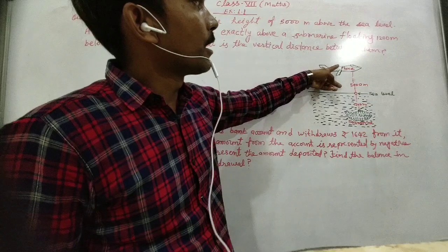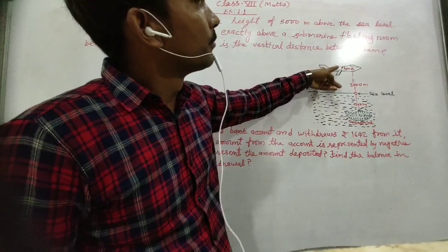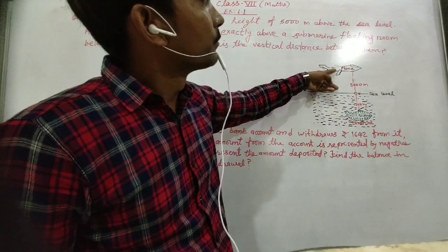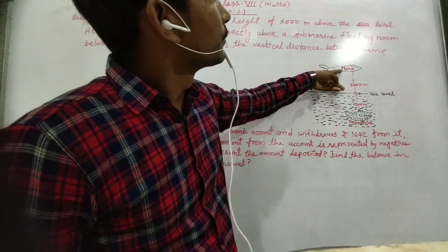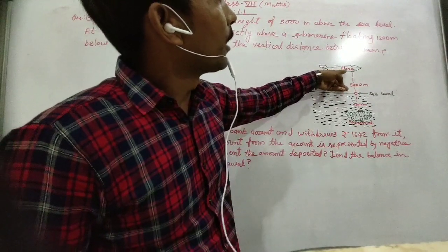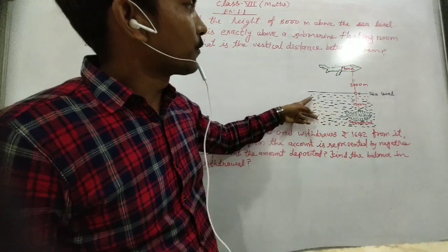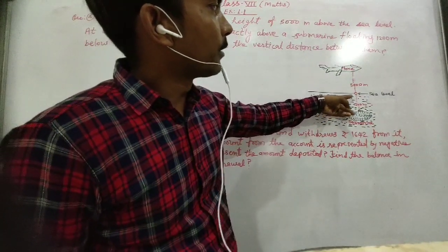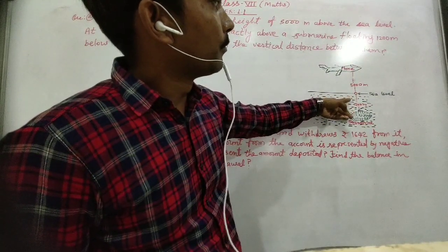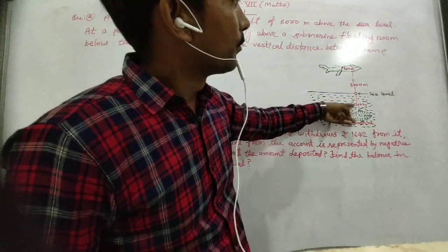The plane is flying 500 meters above the sea level and the submarine is floating 1200 meters below the sea level.